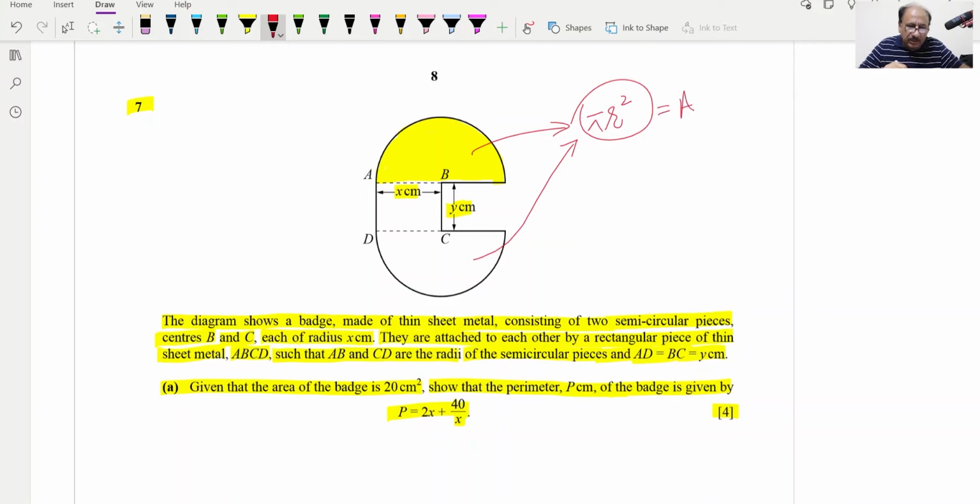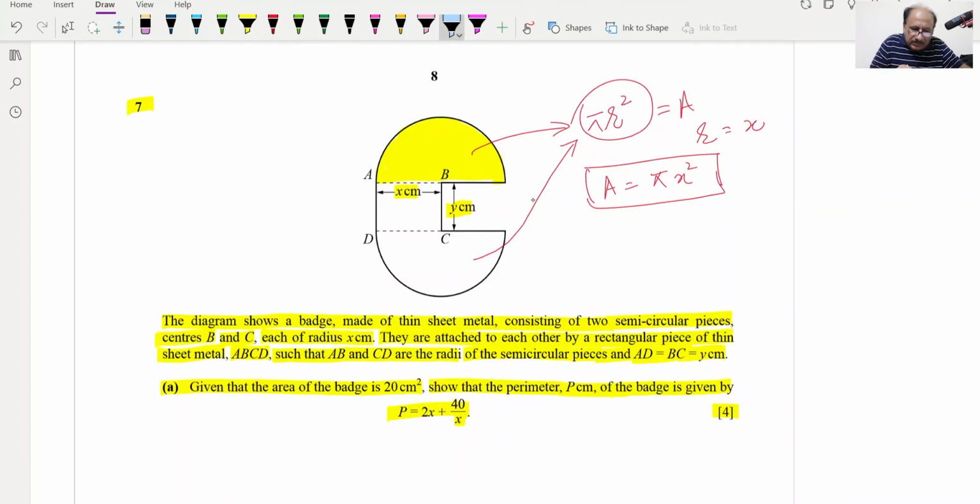That's why we are taking pi r squared. And r is equal to x in this case. So the area of these two shapes will be equal to pi x squared.